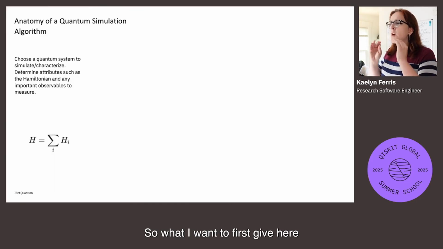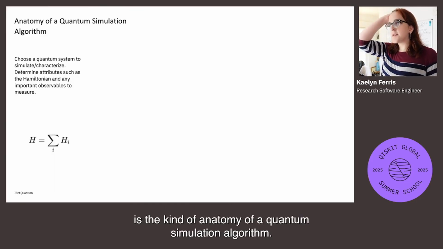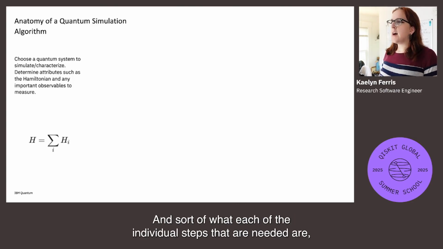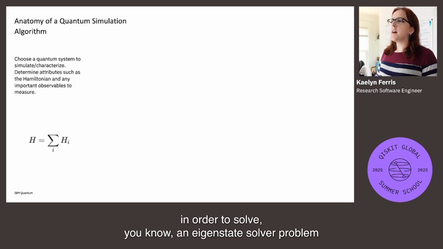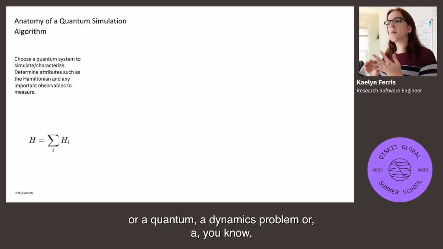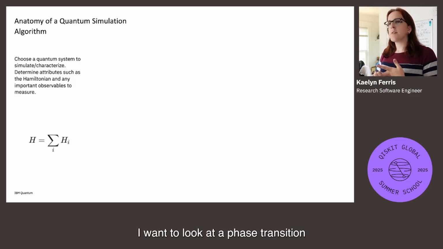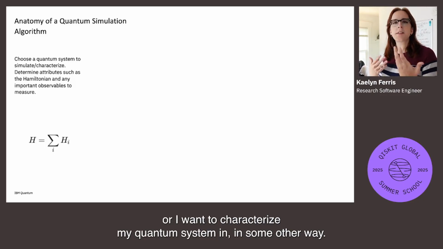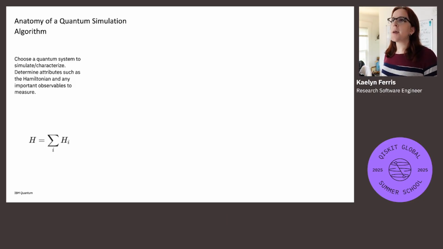So what I want to first give here is the anatomy of a quantum simulation algorithm, and what each of the individual steps are that are needed in order to solve an eigenstate solver problem, or a quantum dynamics problem, or I want to look at a phase transition, or I want to characterize my quantum system in some other way.